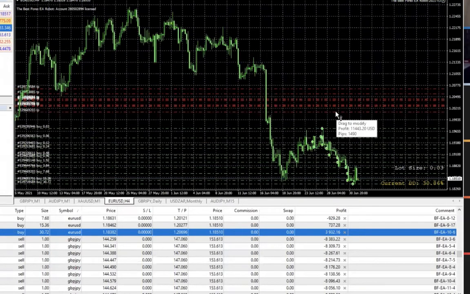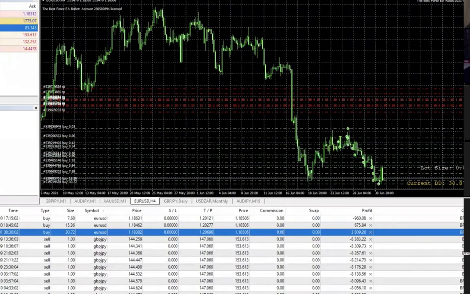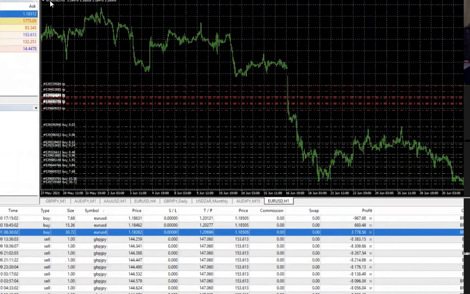Because I said to Esther, it's a gamble. Let's see. I don't want to load the template, but let's open up another Euro US dollar chart window. H4.